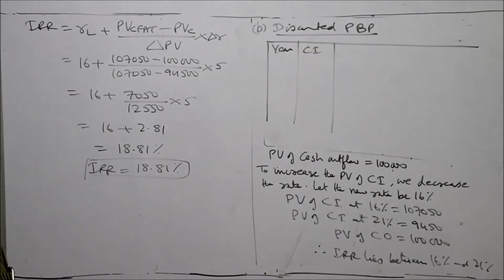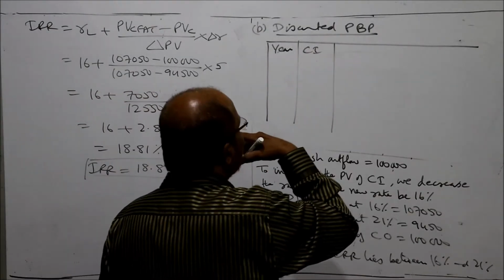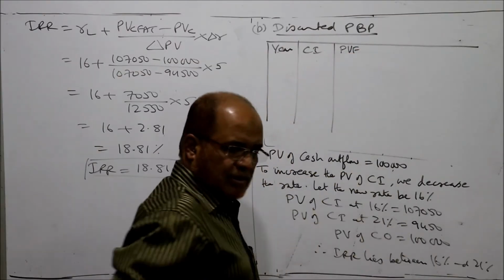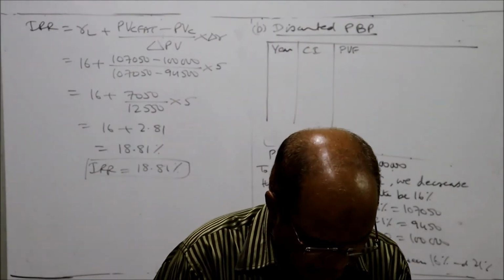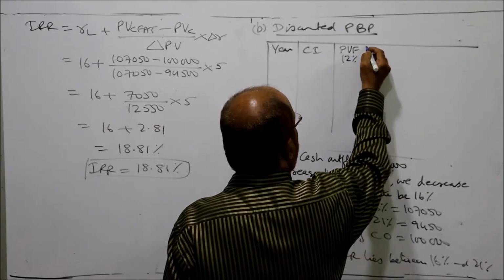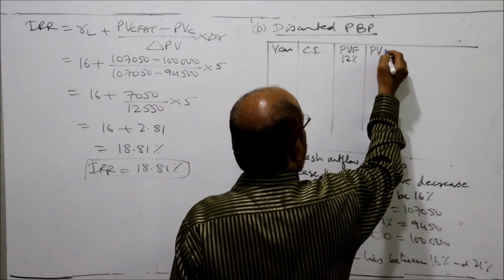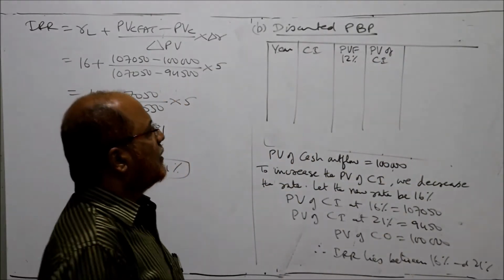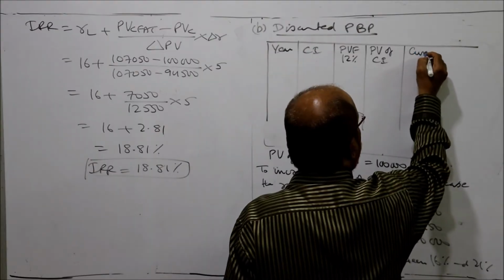Here cash inflows, then PV factors. Discounted payback period, at what rate we have to take? 12%. Cost of capital is 12%. PV of cash inflow. Now we take cumulative.